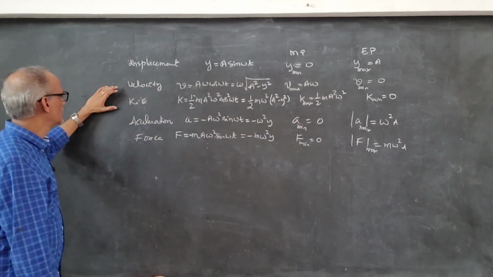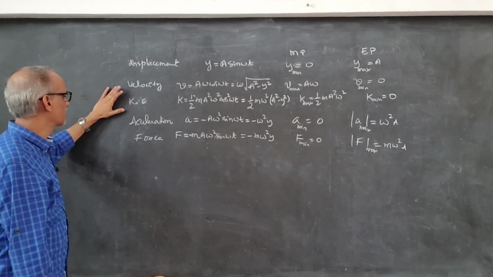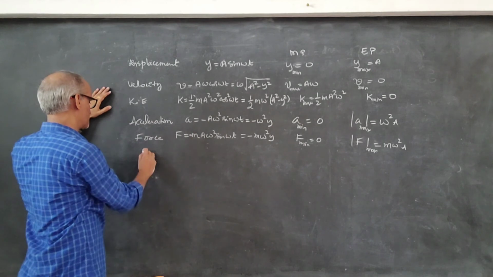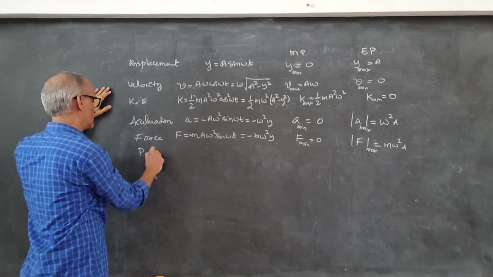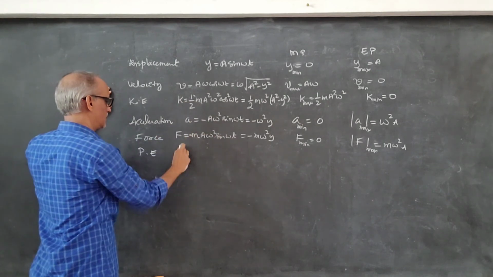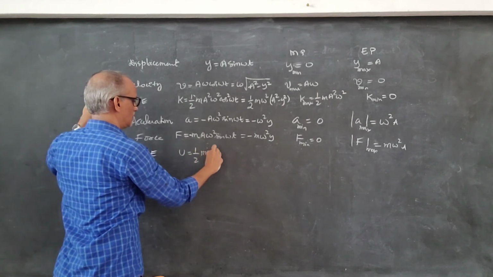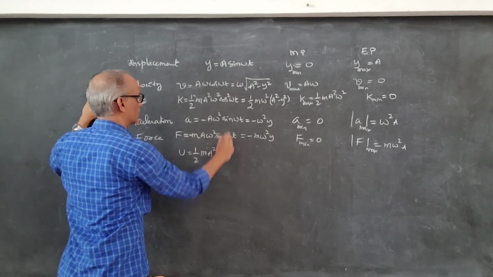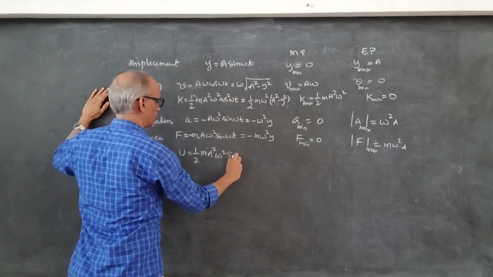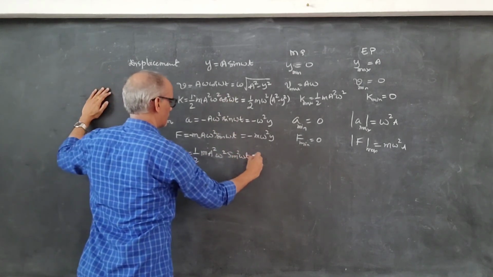And once we know the kinetic energy, we can write the potential energy, which is again complementary of it. So potential energy is half m a square omega square. Instead of cos square omega t, we get sin square omega t.